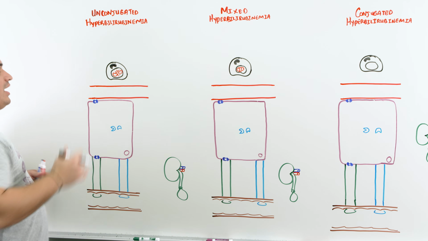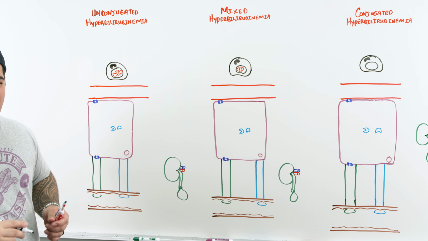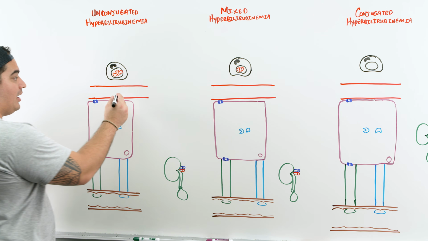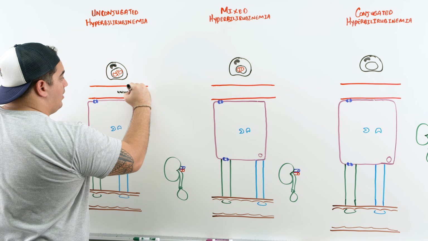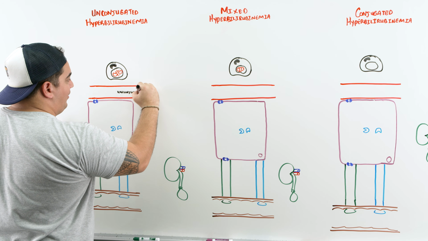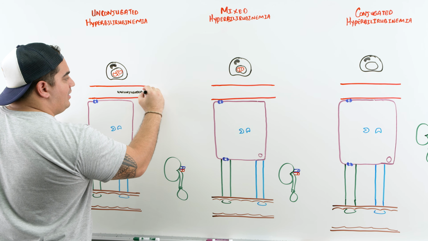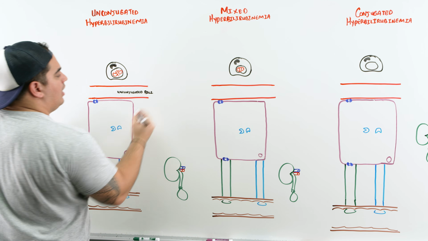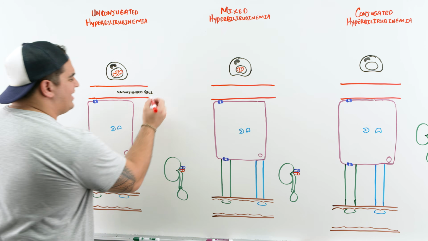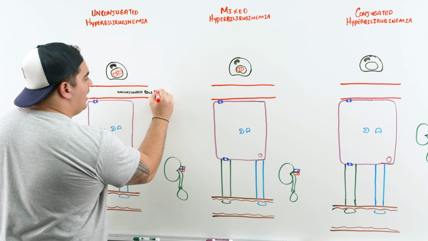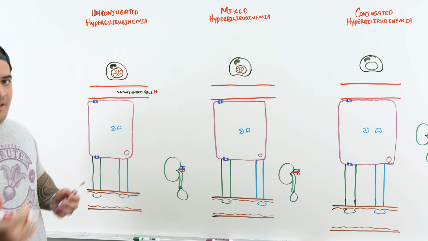So first scenario, unconjugated bilirubin is really high. So when I look at the bloodstream, I'm going to see a very profound elevation in unconjugated bili. Understand that unconjugated bili, if it's elevated, is the same terminology as indirect bilirubin.